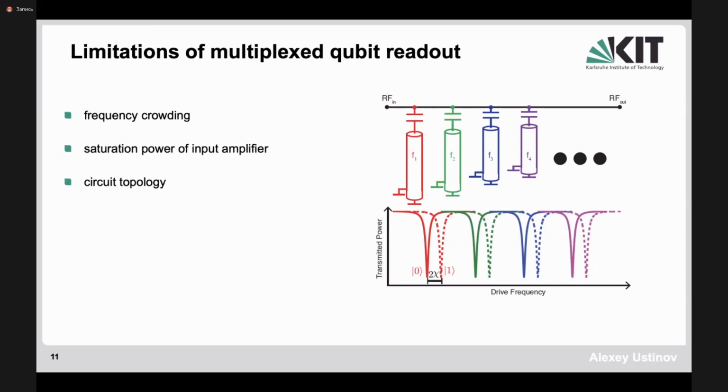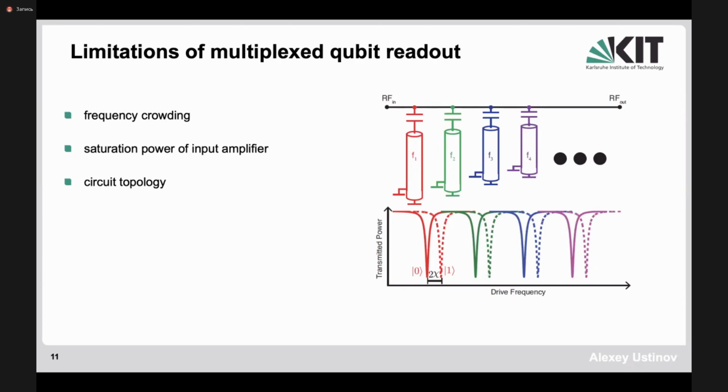Another even more important limitation is the saturation power of the input amplifier. The amplifiers being used to amplify these very weak signals of a few photons in the pulse are very low noise amplifiers, consisting of superconducting parametric amplifiers and semiconducting cryogenic amplifiers.